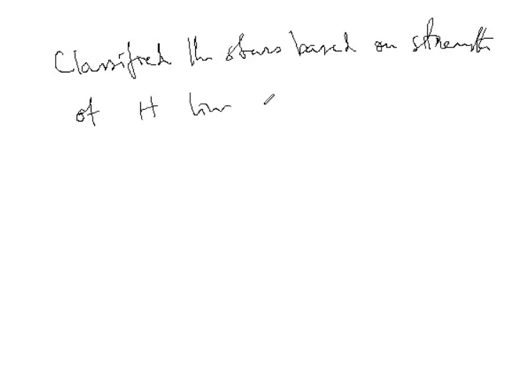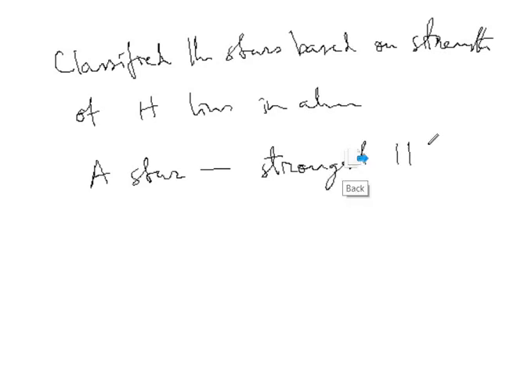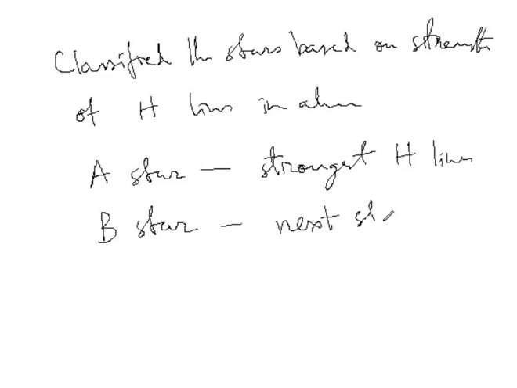And the classification was like this: A star has the strongest hydrogen lines, then followed by B star, which has the next strongest, and so on. Okay.